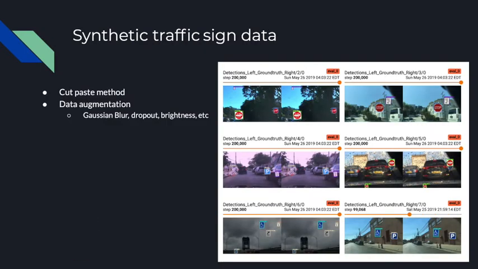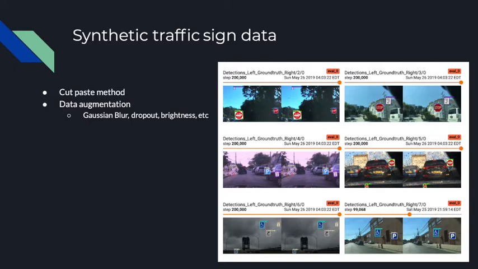Yeah, next slide, please. For traffic sign detection, the signs that we want to classify don't exist in public data sets. So the choice that we chose is to go with synthetic data.